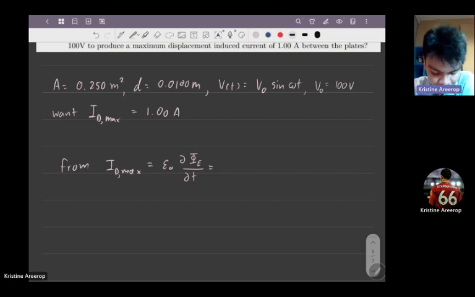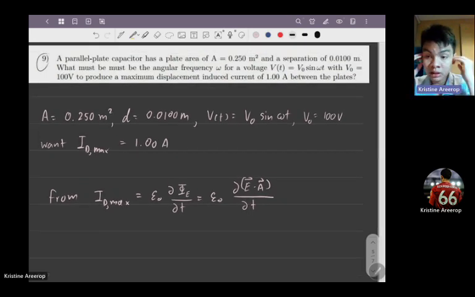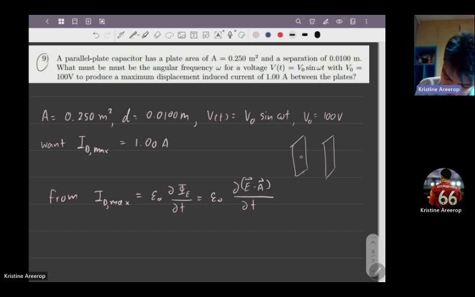Phi E equals E dot A. Now consider the directions of E and A. We know the area direction is perpendicular to the page, and E moves page to page, so E and A have the same direction.